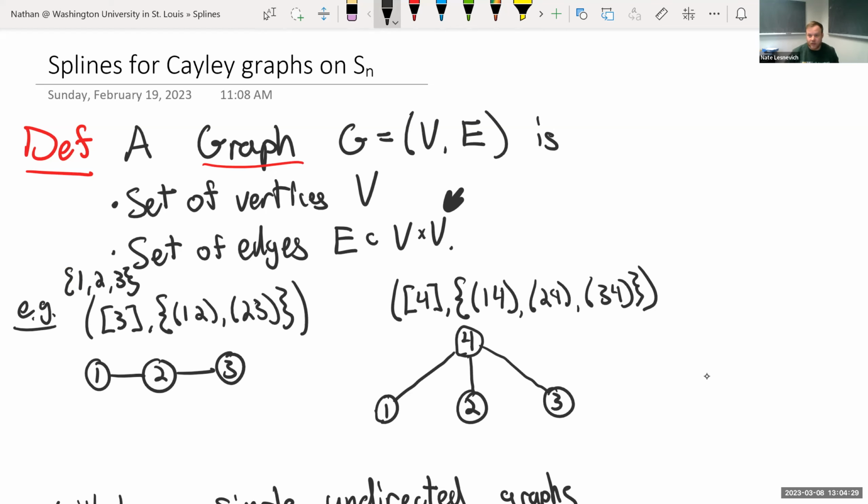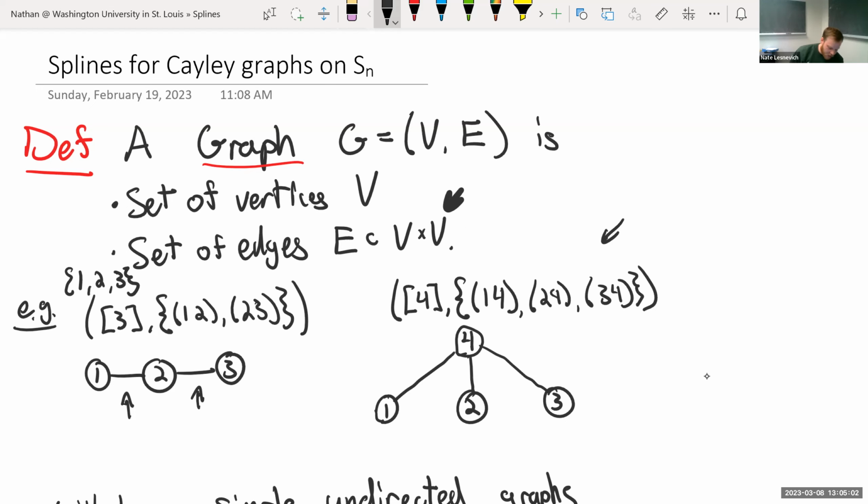I'm going to use brackets for the set: bracket integer for the set 1 through that integer. And I'm going to draw my graphs with dots, or circles, for the vertices and lines for the edges between them. So the edges 1,2 and 2,3, I have those two edges. I will call this the path.